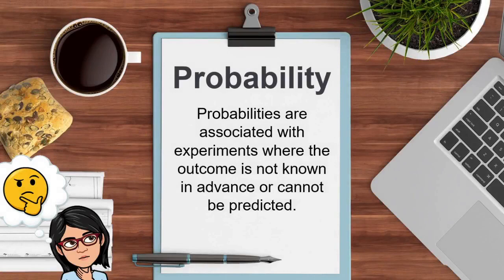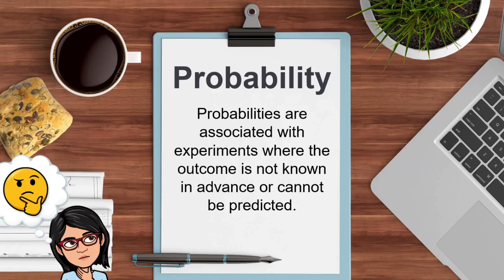Probabilities are associated with experiments where the outcome is not known in advance or cannot be predicted. That is why, just like in science, we still need to conduct the experiments even if we have an idea what the possible outcomes are, because we don't know in advance or we cannot predict what the actual outcome would be.